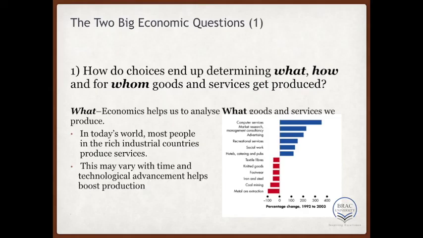So why do these transitions and shifts happen, and what goods and services do we produce as we move along this transition? Economics actually helps us to understand this type of questions.